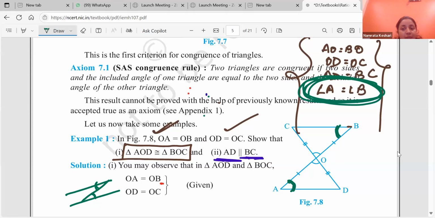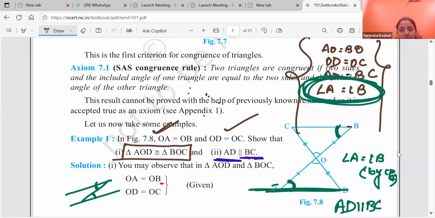In case A and B are equal by CPCT, that means definitely AD is parallel to BC. Why? Because there are two lines and a transversal, and these two are alternate interior angles. This is the pair of alternate interior angles. Making sense?